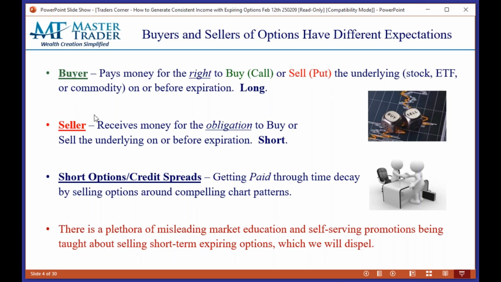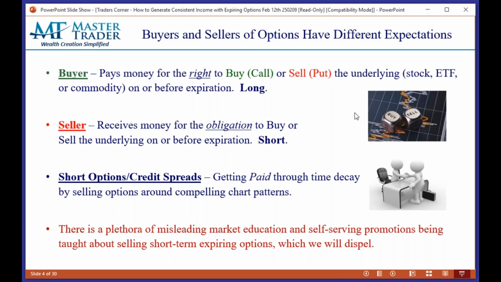The seller, which is what we're going to be focusing on today, the sellers of these naked options or credit spreads, we are taking the other side of the option buyer's position based on our chart bias.